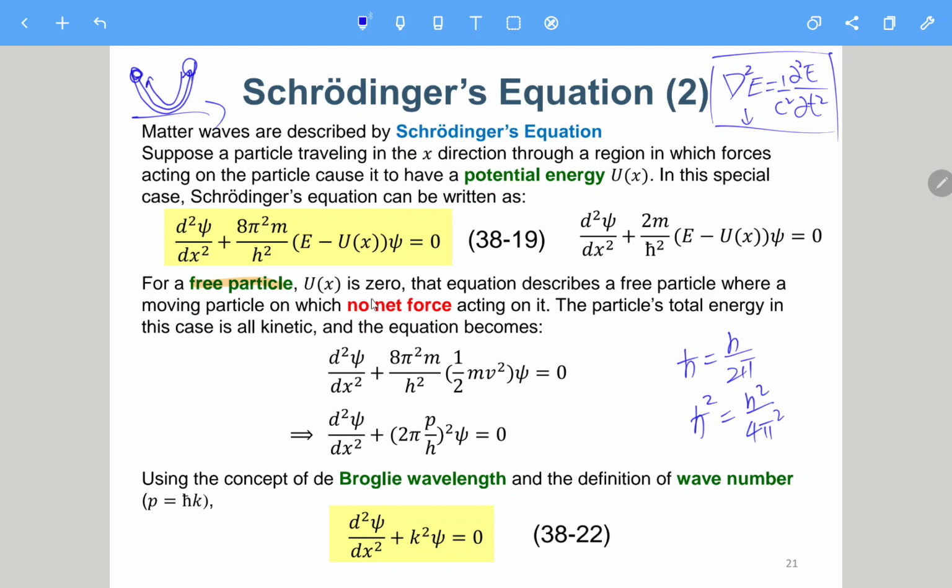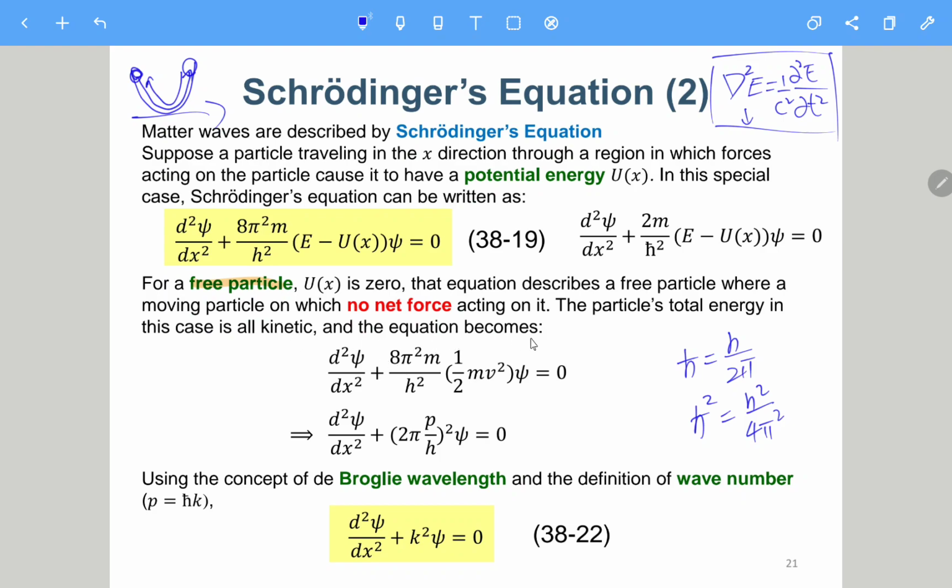So here, if we don't have any potential field, it means that this U of x is nothing but zero. And then the equation describes a free particle, a moving particle on which no net force acts. The particle's total energy in this case is all kinetic.